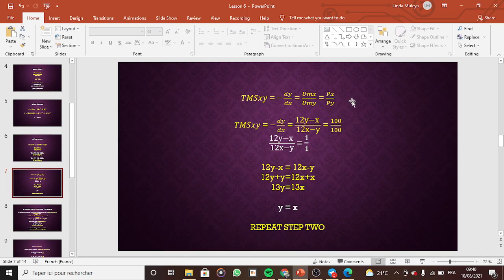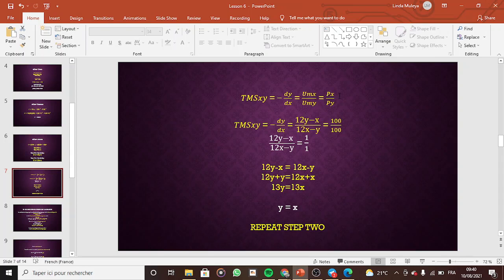So there's this entire formula here that was given in the previous lesson, where we said that the derivative of y in terms of x, or in other cases x in terms of y, is equal to the marginal utility of x, or marginal utility of y, is equal to the price of x over the price of y.